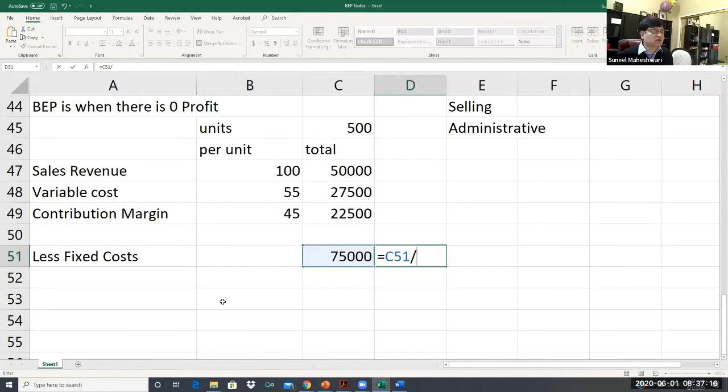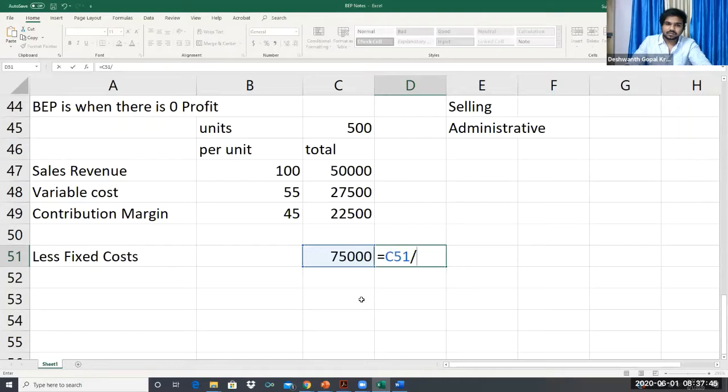I need to cover 75,000 in fixed costs. How can I cover it? Divide by 500 units? Do you want me to divide by 100 or by 500?